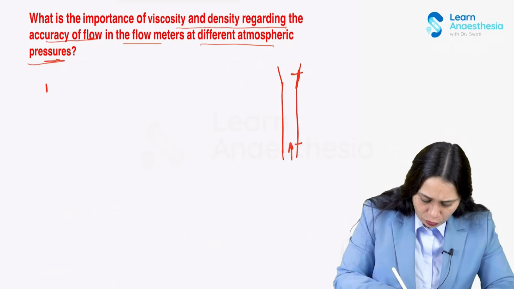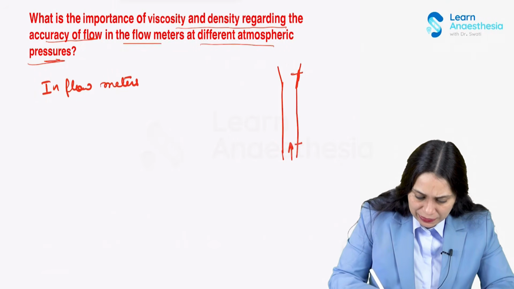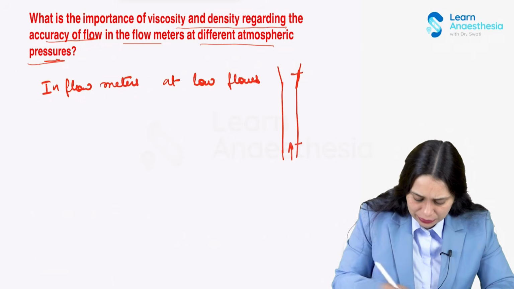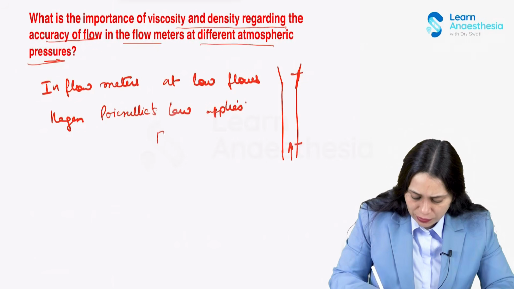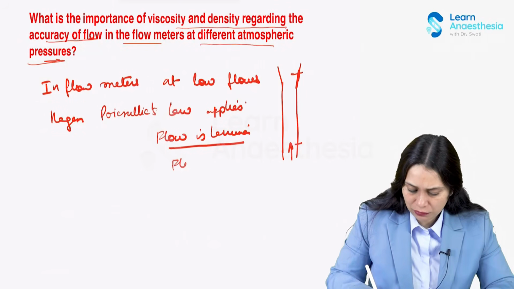In flow meters, at low flows, Hagen-Poiseuille's law applies, and flow is laminar and depends upon viscosity.